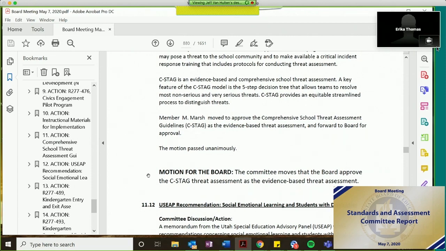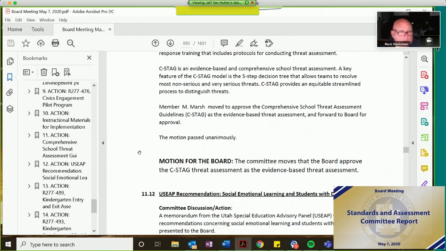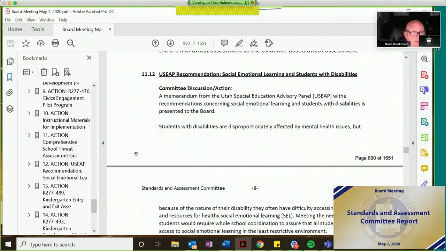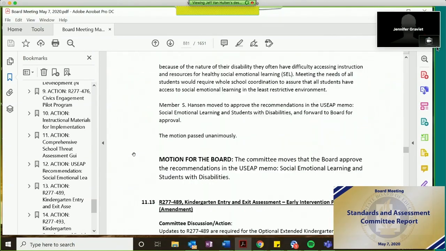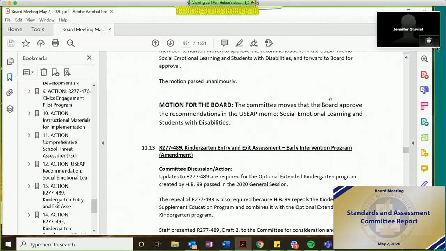Member Lear, Aye. Member Marsh, Aye. Member Newell, Yes. Member Thorpe, Aye. Member Huntsman's an aye. Voting was unanimous. Please continue.